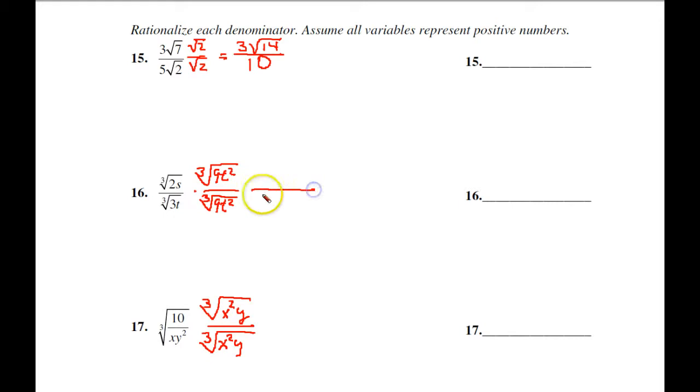Now for this one, this will be 27, which is 3, t to the 3rd, which is t. And now our top becomes 2 times 9 is 18, s t to the 2nd.